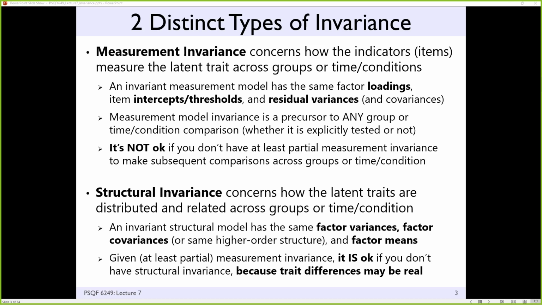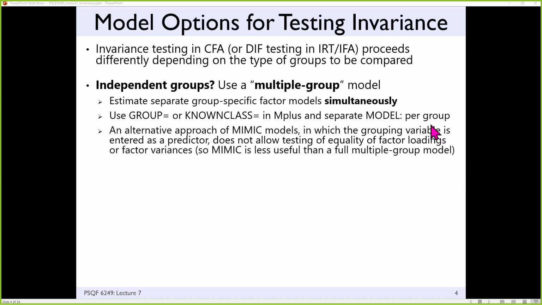So let me show you how we would do it. How does that sound for a transition? So if you have independent groups, different sets of people, then we are going to estimate what is known as a multiple group model. The key here is that each group gets its own factor model, estimated separately but simultaneously.